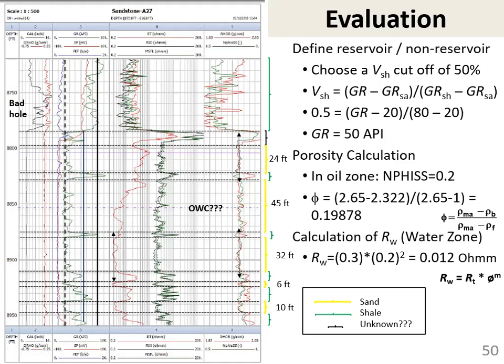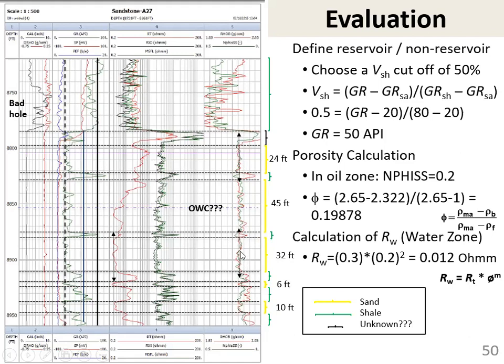And then porosity, and then calculation of the resistivity of the water zone, the resistivity of the water. So you can calculate the porosity if you want to check within the water zone.